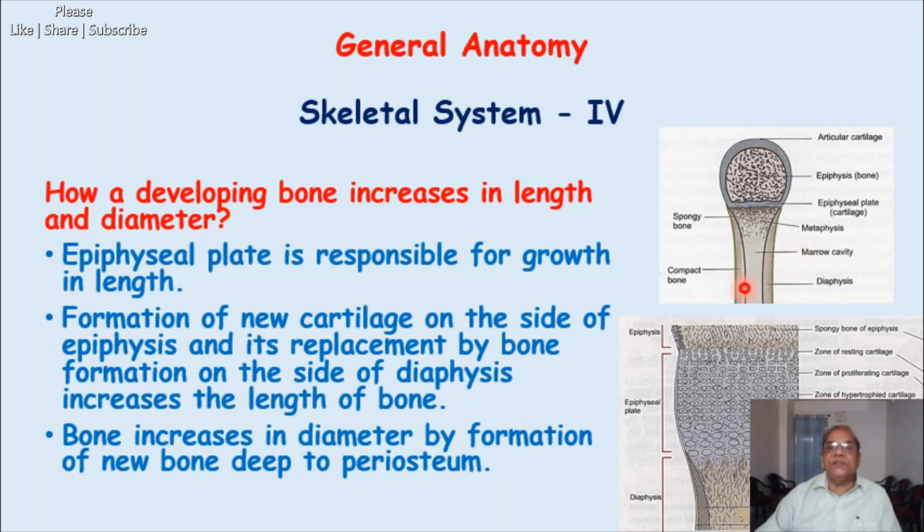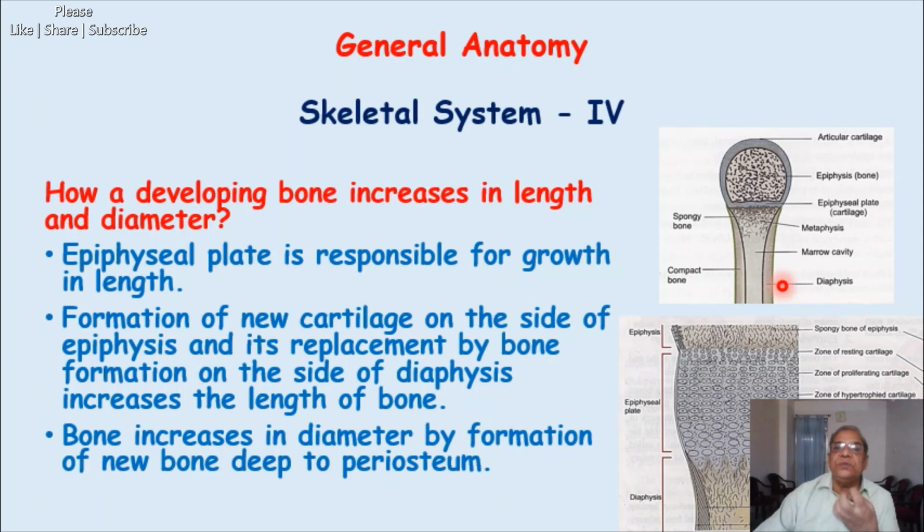Because in a newborn or in a child of 1 or 2 years old, the diameter of the long bones and other bones keeps on increasing, and this is by the formation of new bone deep to the periosteum. You already know that bones are covered by a membrane called the periosteum, and deep to this periosteum there is new bone formation taking place during the process of ossification.